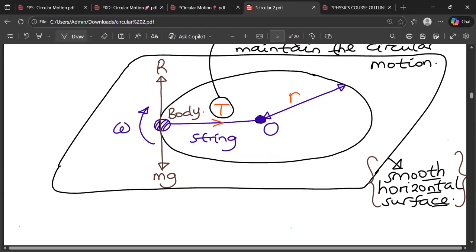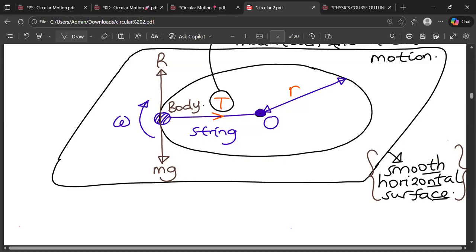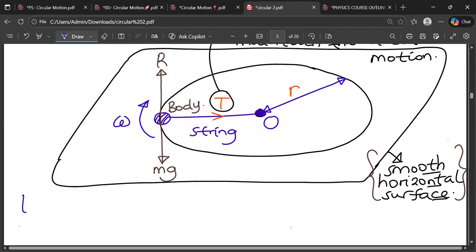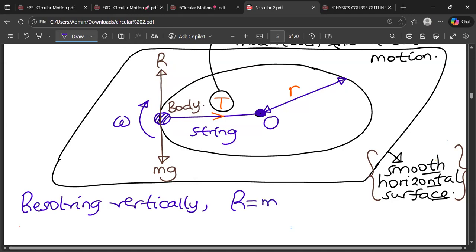And that is all. So when I come here, we shall now begin resolving, and then we shall say resolving vertically. This one is the easiest, for physics is not hard. You make sure you just understand the concepts. Resolving vertically, our R will be Mg, you get?